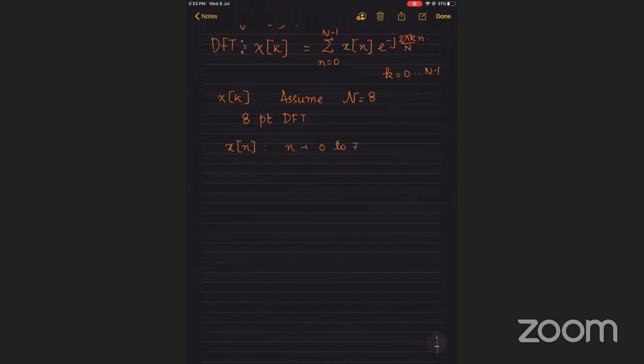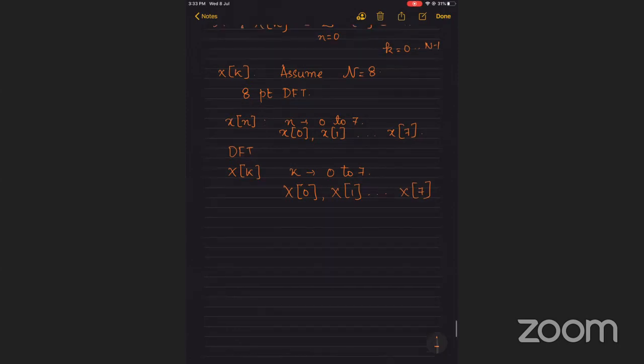That means I am going to get x of 0, x of 1, and so on, till x of 7. Therefore, the DFT will also be similar. I will have X of k, where k varies from 0 to 7. Therefore, I am going to get capital X of 0, capital X of 1, and so on till X of 7. Is that clear?